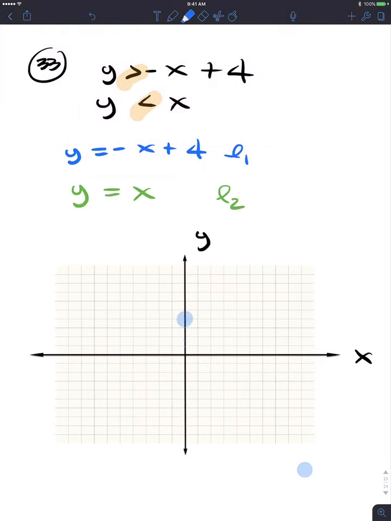My slope value is negative 1, so I go down 1 and to the right 1, again, down 1 to the right 1 from my y-intercept. We're going to have some dotted lines here. In blue, this is what the first inequality looks like graphed. Let's be careful.